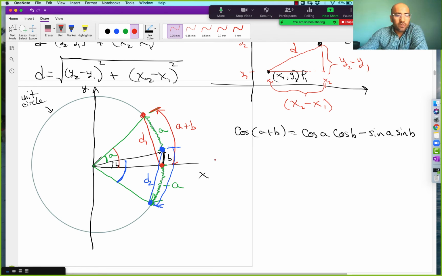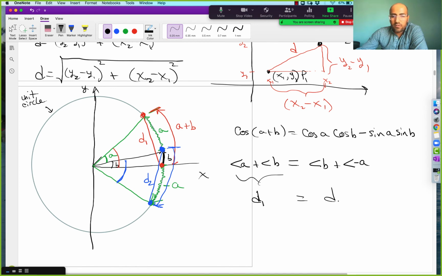Questions? So we're saying that angle A plus angle B must be equal to angle B plus angle negative A. Therefore, from here, geometry, it must be true that distance D1 equals distance D2.